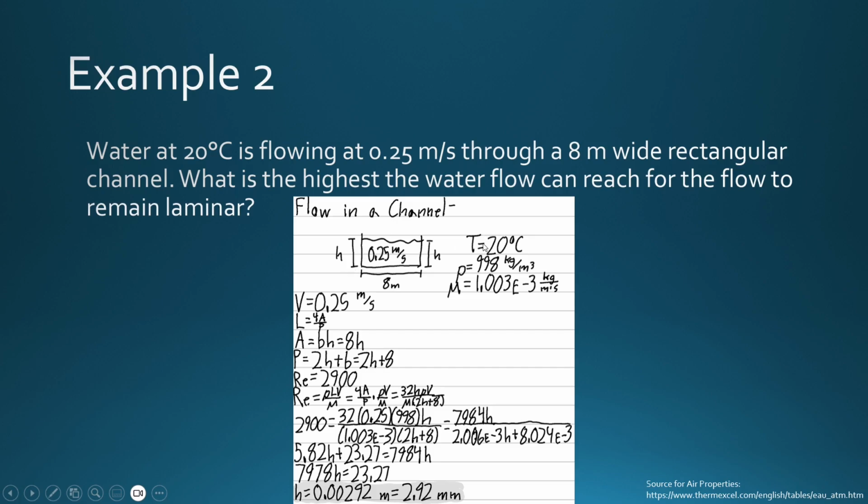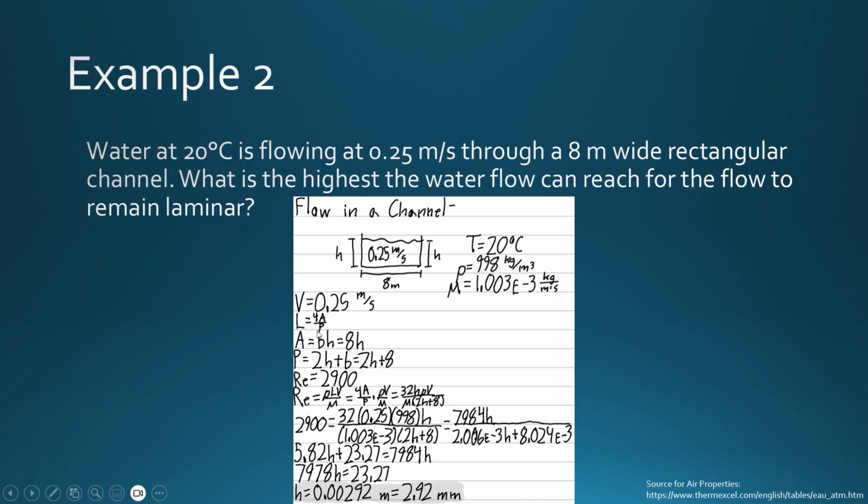And at 20 degrees Celsius, water has a density of 998 kilograms per meter cubed and a dynamic viscosity of 1.003 e to the negative 3 kilograms over meters times second. We're given that V equals 0.25 meters per second.